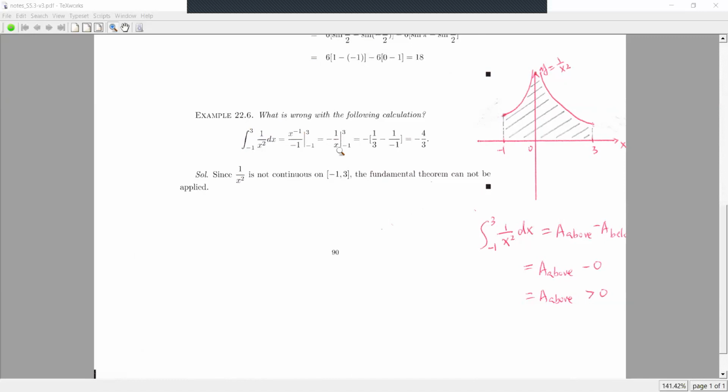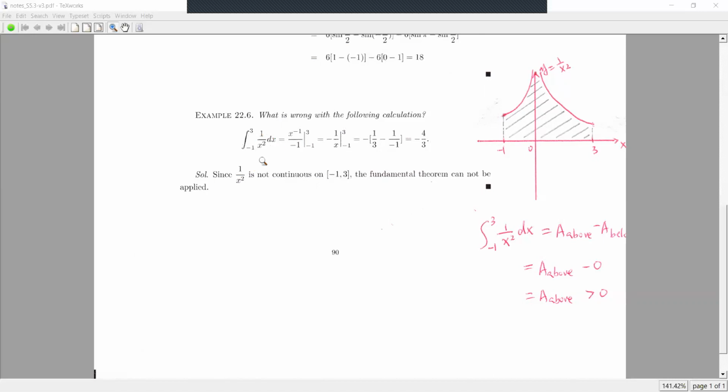Plug in the upper limit 3 in x, plug in the lower limit negative 1 in x, then take the difference. This number is negative 4 over 3. So the fundamental theorem says that this integral is a negative number.